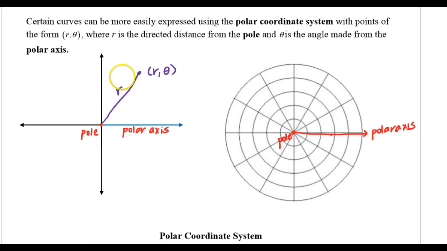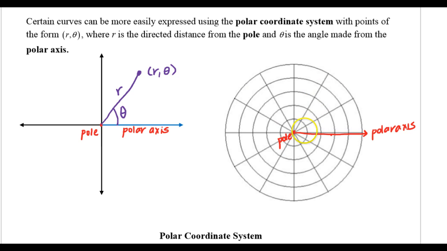Because I went from the pole directly to that point, r is considered to be a positive value. We'll talk more about that when we do more specific examples. r is the distance from the pole if I go towards the coordinate point, and theta is the angle made from the polar axis, this angle here. If I were told the angle and how far out to go from the pole, I can find a coordinate point. That coordinate point is r comma theta.